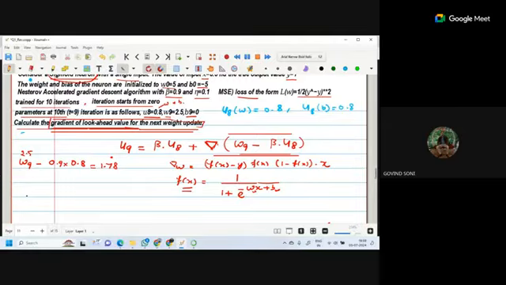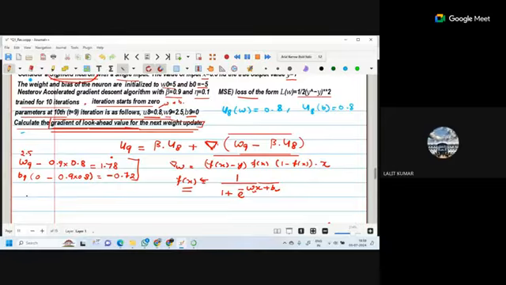My bias also determines the fx, so I have to take the bias also. So the bias will become B9, which has been given as 0 in this case, minus 0.9 into 0.8. It becomes minus 0.72.